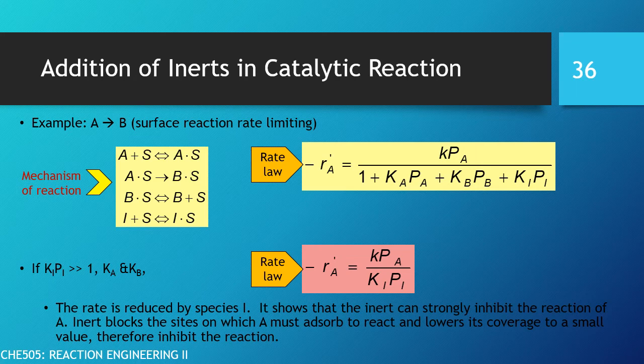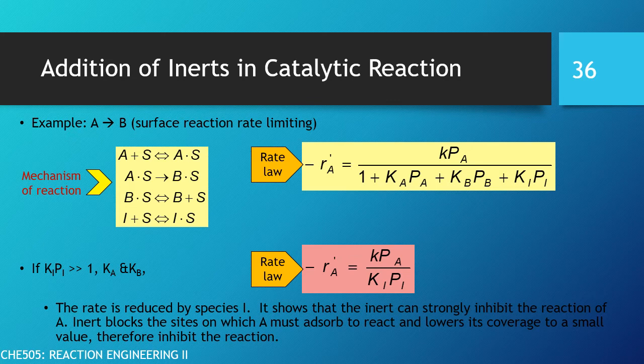Then derive the rate law based on the assumption that the surface reaction is rate limiting. You will get the rate law as the equation in the light yellow table. Here I want to explain how we can simplify the equation if we have a certain assumption.